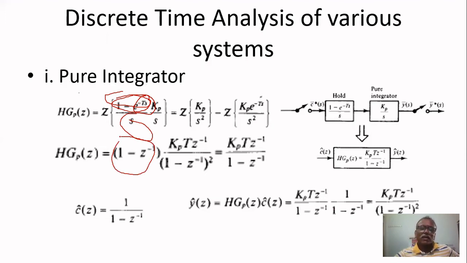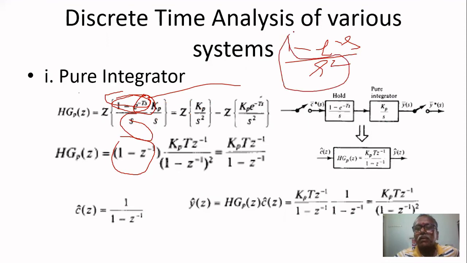If you write like that, the remaining terms are what? Kp by s square. Here it is taken like this: 1 minus e power minus Ts, divided by s square. This is taken separately and this is taken separately. That's what you got here.